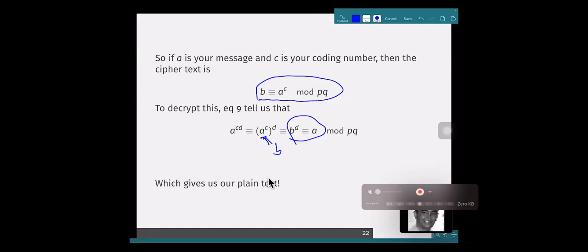So this one is your encrypted text, and your encrypted text raised to the D, where D is the private key, will give you the original message. So that's the magic of RSA. And we were able to show that using the power of group theory. So that's RSA, guys.